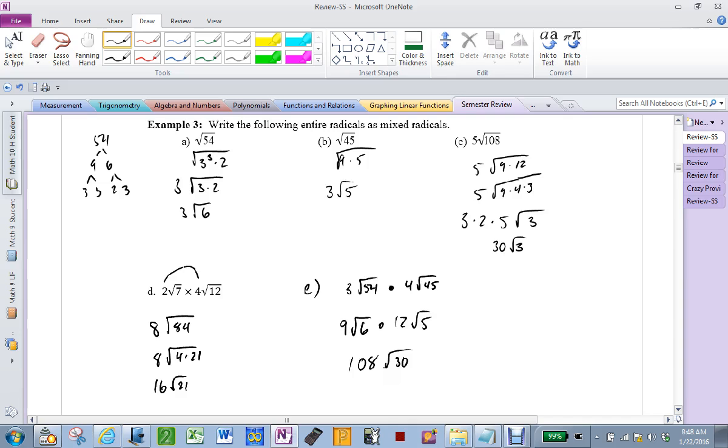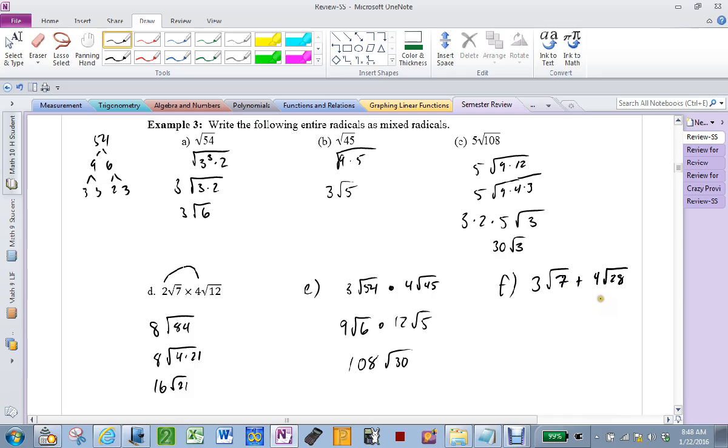Addition? It's the same as 3 root 7 plus 4 root 28. You can't add them. Why? Because that's x and y. So what do you do?